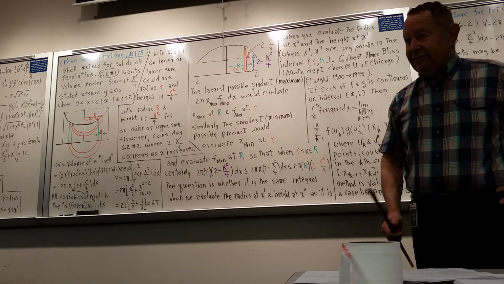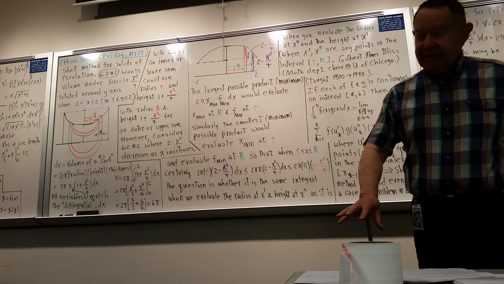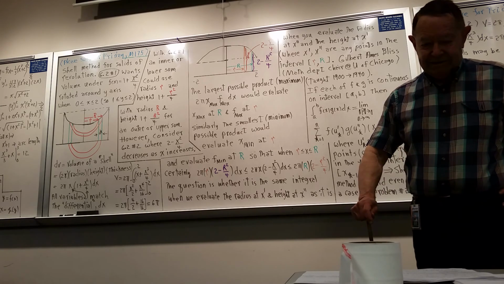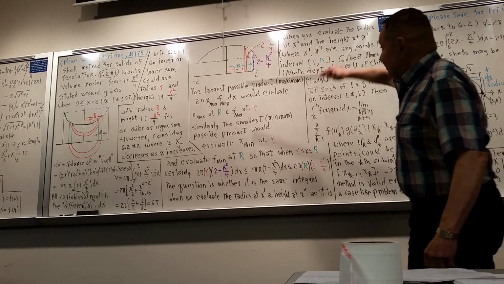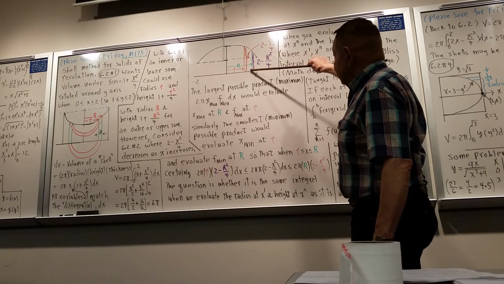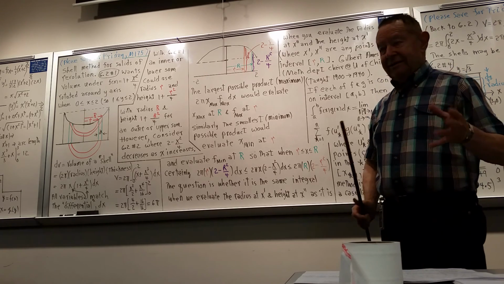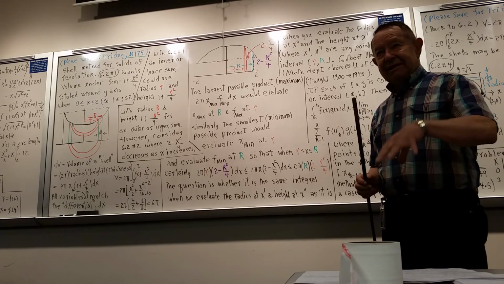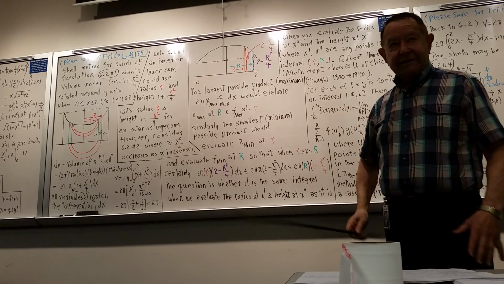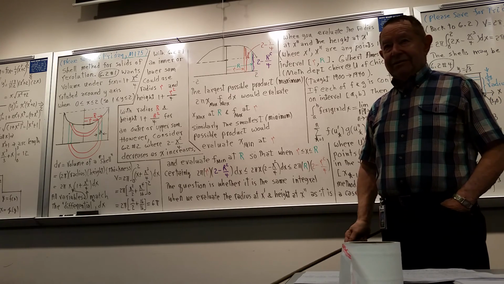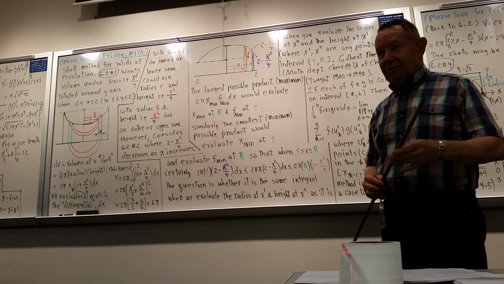So he showed in general that if you have two continuous functions, F and G, that if you set up your Riemann sum where you're taking F at one point in your little interval and G at another point, not necessarily the same, that limit of the product of the functions times the length of your subinterval does give you the same integral, whether the two functions are evaluated at different points or at the same point.